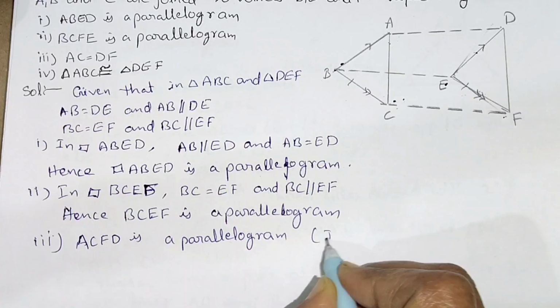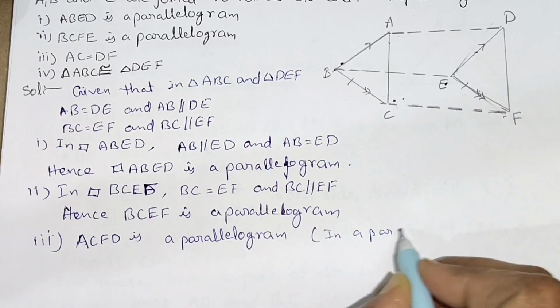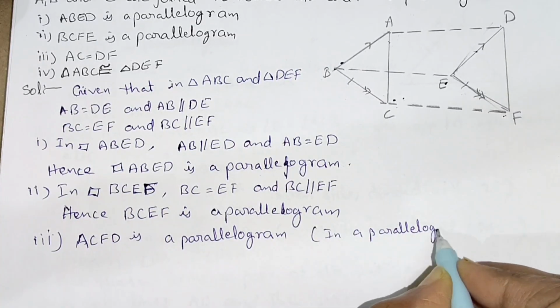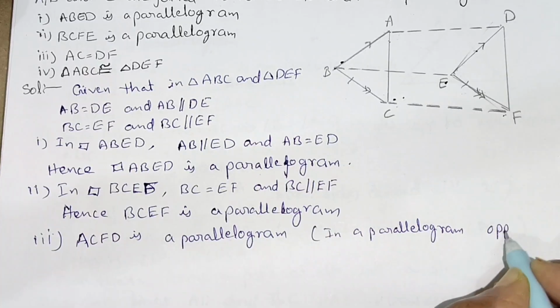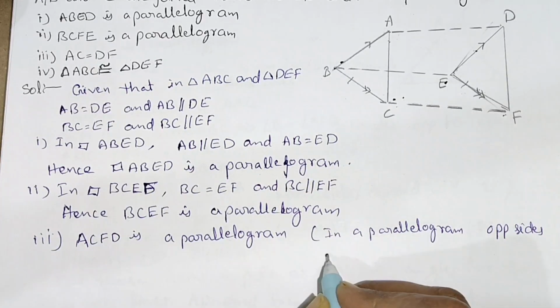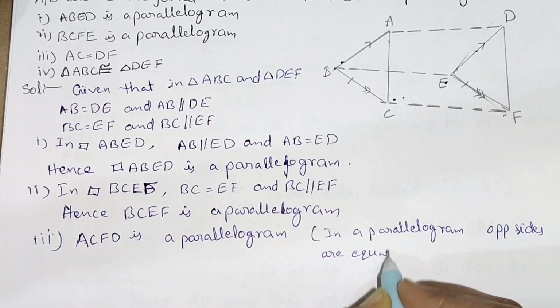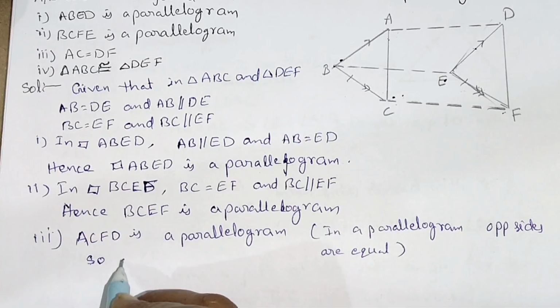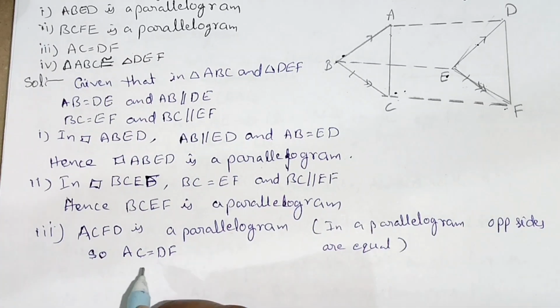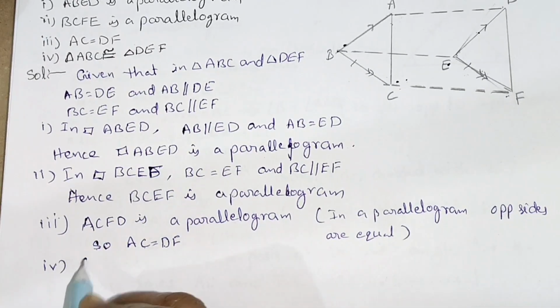So in a parallelogram, opposite sides are equal. So yes, AC equal to DF.